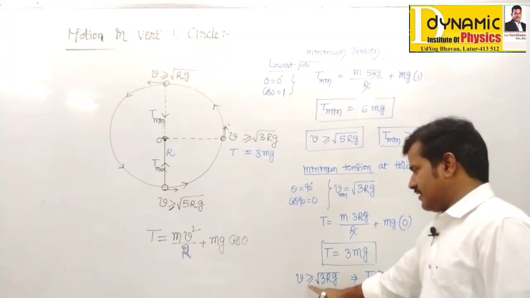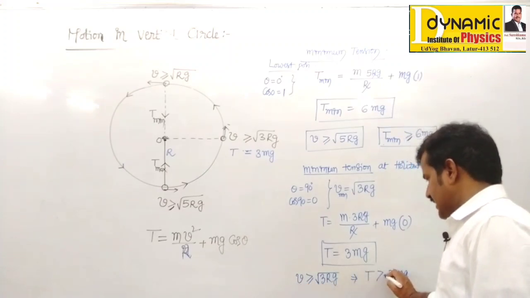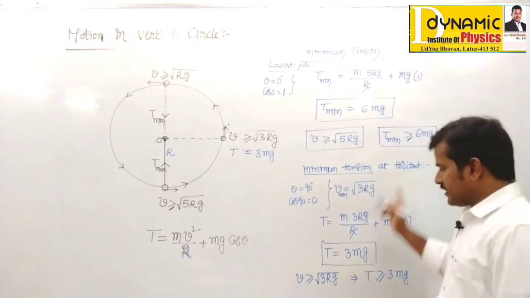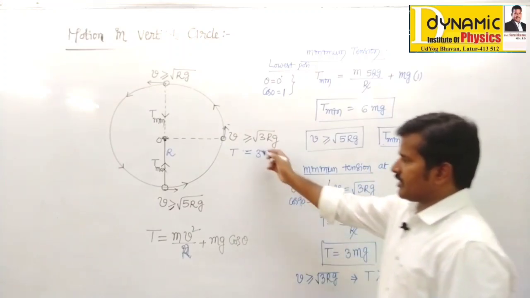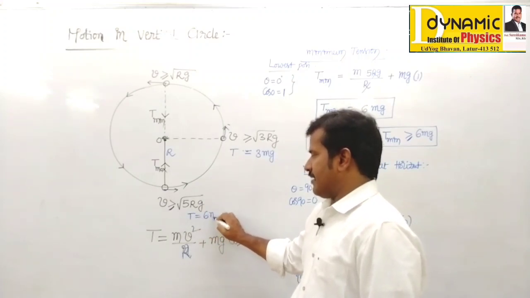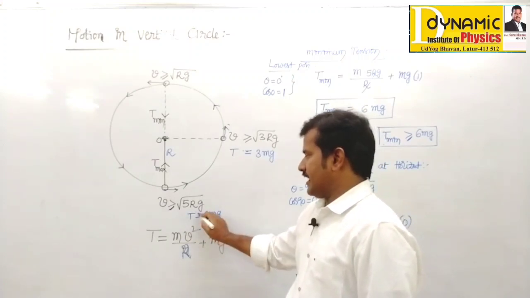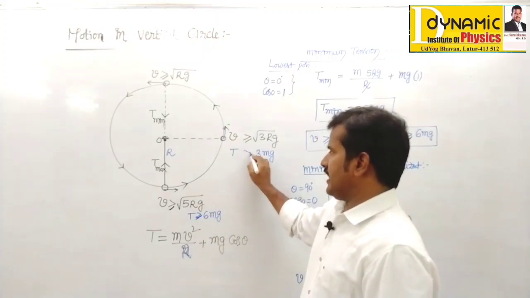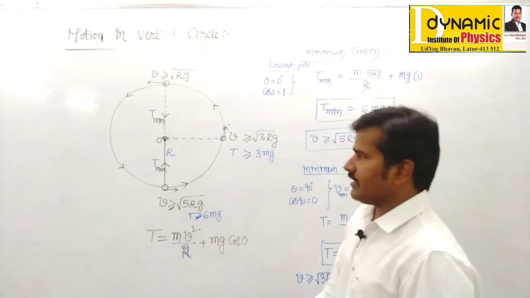If it equals root 3 rg, then T equals 3 mg. This is the minimum tension at the horizontal position. At the lowest position, the tension becomes 6 mg, greater than or equal. And here the tension is 3 mg, greater than or equal.